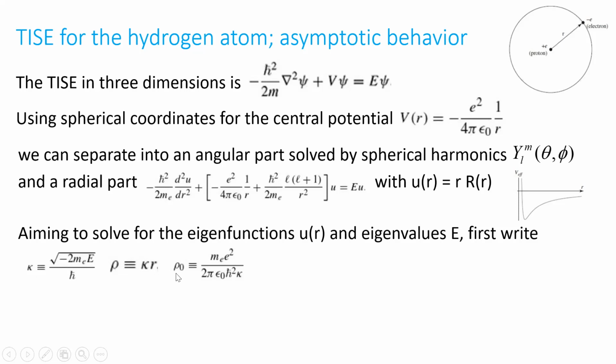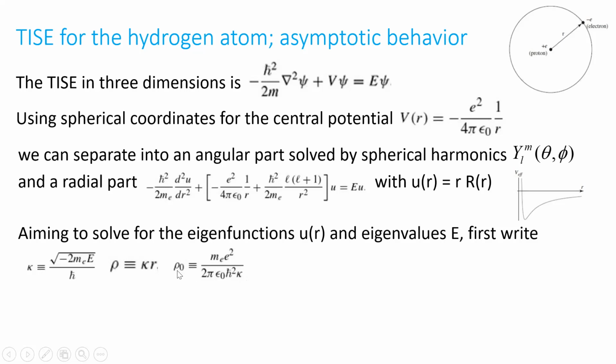And then a specific constant comes up when we substitute this in for r and kappa in for e and try to clean up the equation. And that is rho naught, which is this combination of constants. Notice it's related to kappa, and kappa is related to e. So rho naught depends on e.